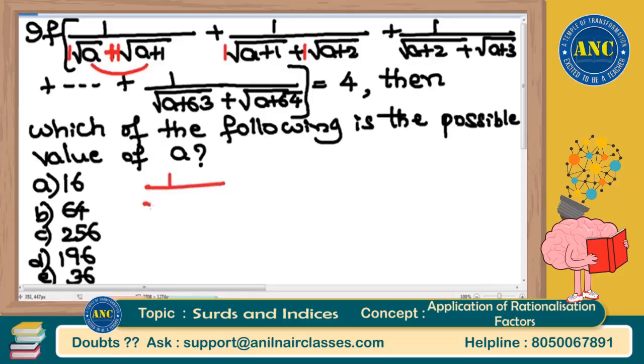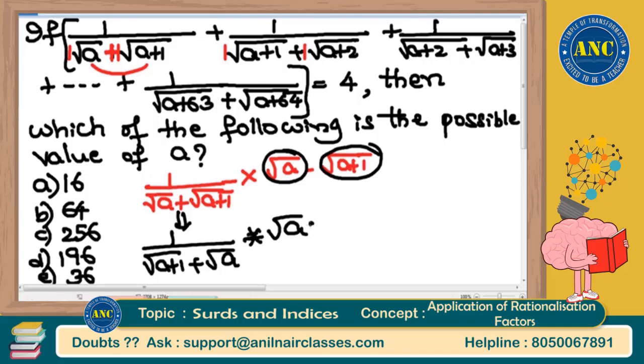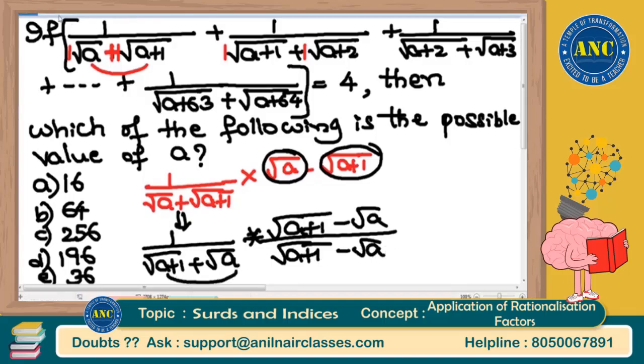See here, sir, 1 by root a plus 1 is what I have. If I multiply with root a minus root a plus 1, it is not a valid multiplication. Why? Because a plus 1 is greater than a. So consider this particular term as 1 by root a plus 1 plus root a, both are same. Now you can multiply with root a plus 1 minus root a and divide with root a plus 1 minus root a. Now only when I subtract a plus 1 minus a, I will get the denominator as 1. I believe the idea whatever I am teaching should be very clear, right?